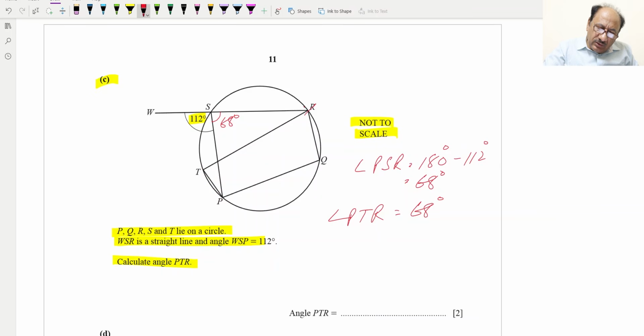This is an angle on this arc, and there is another angle on the same arc, which is this one. These two angles on the same arc will be equal, so this angle will also be 68. So we can write 68 here. This is another way to understand. Hopefully you understood both ways, but we get the answer, which is 68 degrees, and this is for 2 marks.